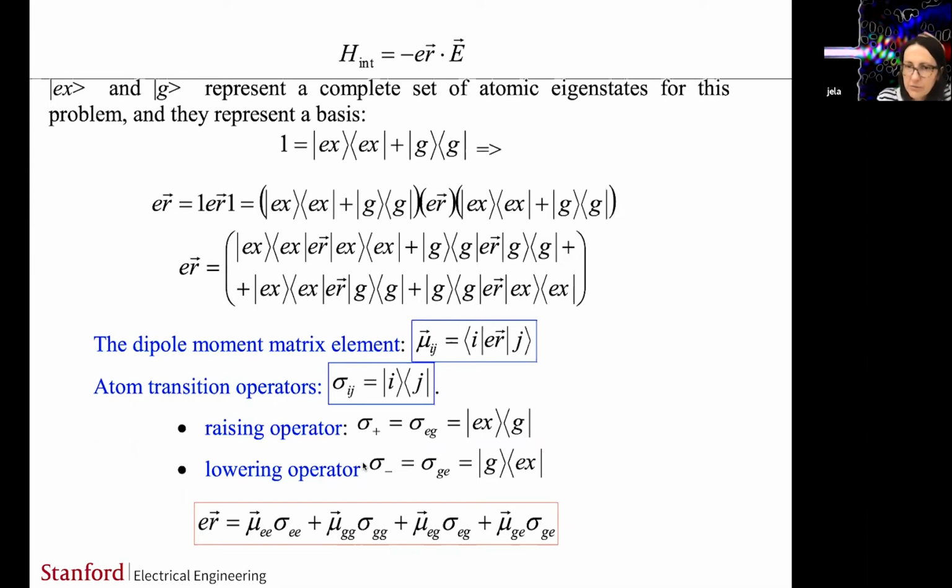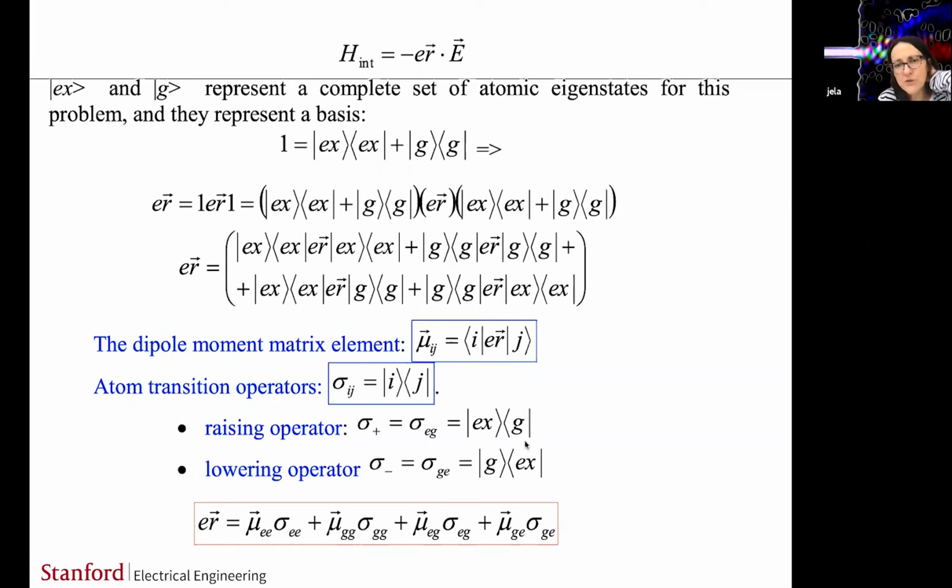The other two you can label as sigma gg and sigma ee. Sigma plus is the same as sigma eg, and sigma minus is the same as sigma ge. The two remaining ones, sigma gg and sigma ee, are just |g⟩⟨g| and |e⟩⟨e|, so they're basically projections onto the ground or excited state.